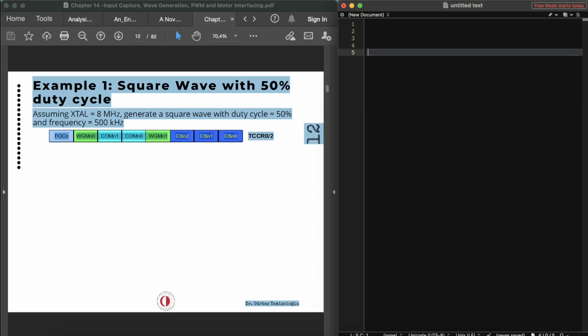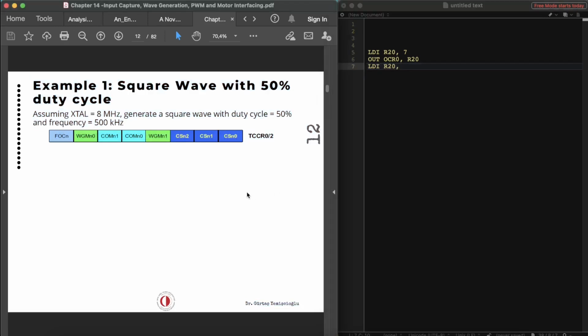When we think about it, either we can say LDI R20, 7 as an OCR value, out OCR0, R20, and LDI R20.